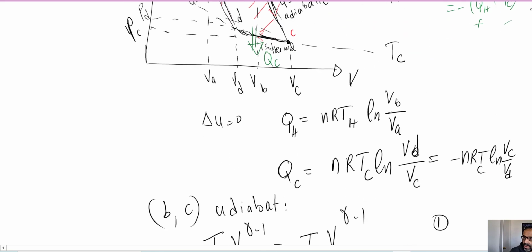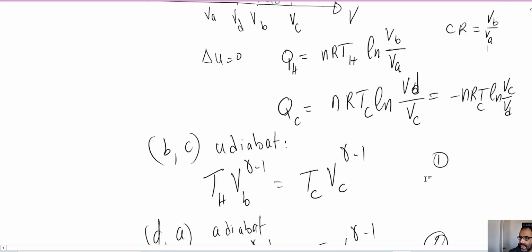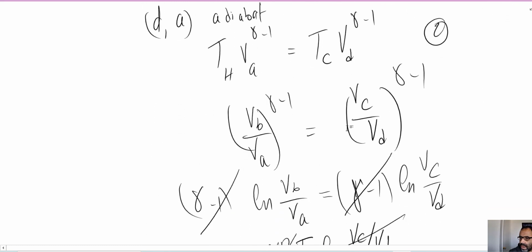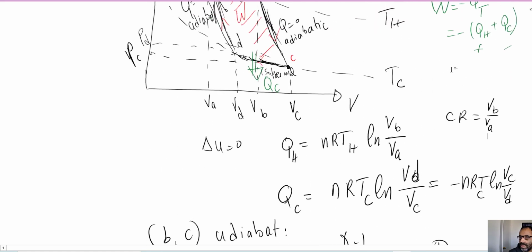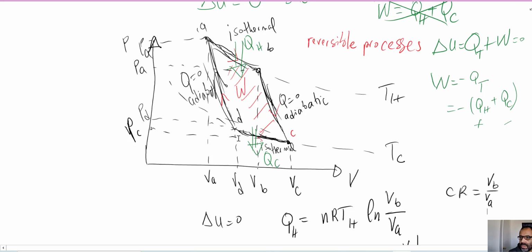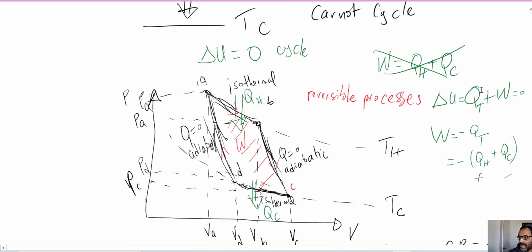By definition, CR is equal to VB over VA, and it's the same thing if I use the log expression. That ratio is basically the same, and so is VD over VC. It's the same CR.